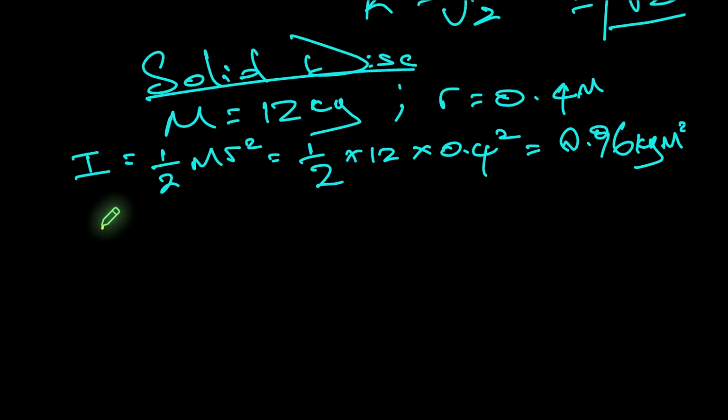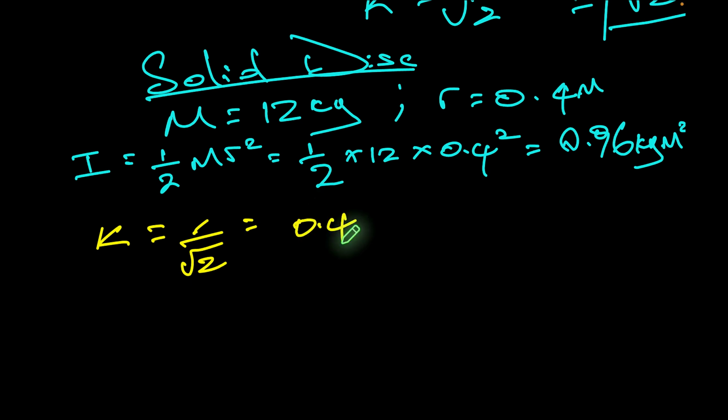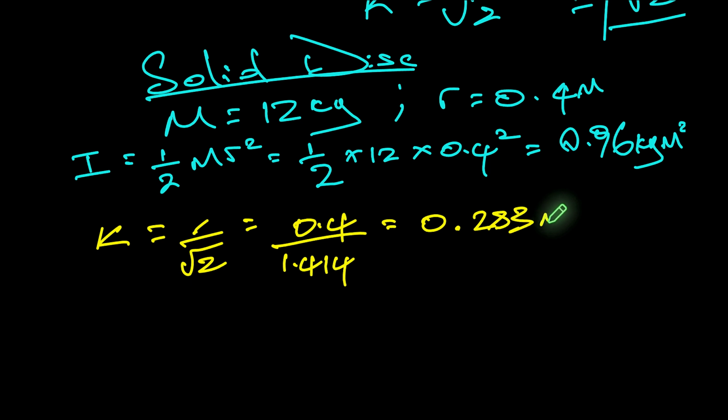Now let's use the formula we just had to find what the radius of gyration k would be. That's r over root 2, so 0.4 divided by root 2, which is 1.414. We get a k value here of 0.283 meters. Remember that the goal is to get the exact value that we had up top, so let's see if that's the case.